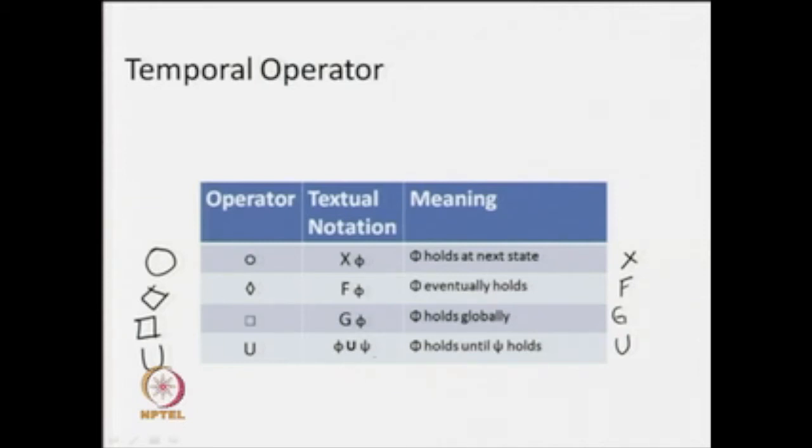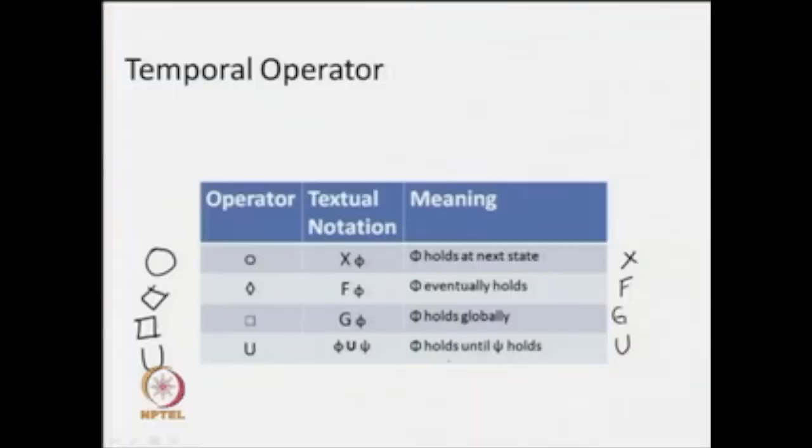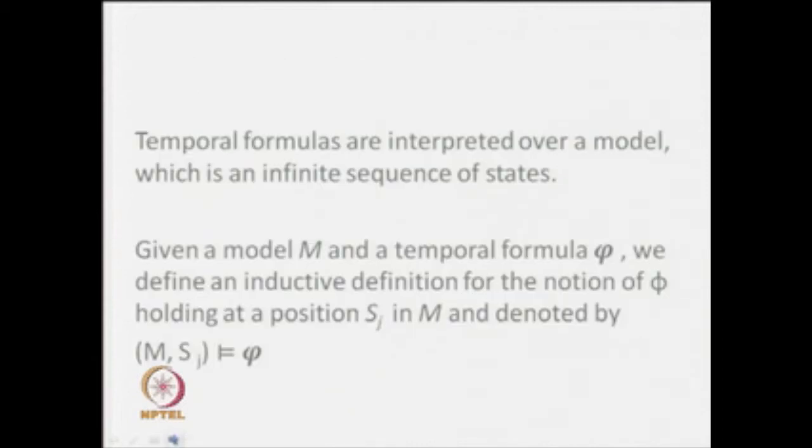And phi until psi is a binary operator with two formulas phi and psi. It says that phi remains true until psi holds. In that case, we say that phi until psi holds in a particular state. So, basically we are going to look at these 4 temporal operators, and we will see how we are going to represent them and how we are going to define the meaning of these operators.